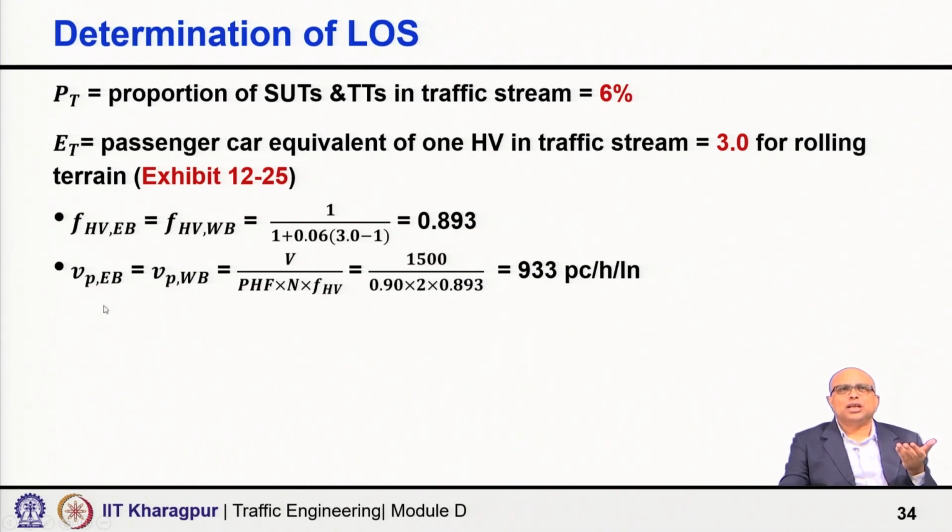Now we can calculate Vp, the equivalent hourly flow rate in passenger cars per hour per lane; eastbound and westbound will be the same. So, 1500 divided by PHF 0.9, number of lanes 2, and this FHV 0.893. So, you get 933 passenger cars per hour per lane.